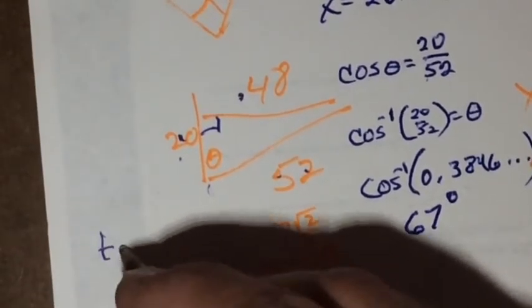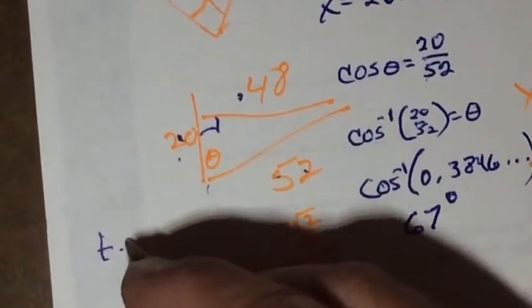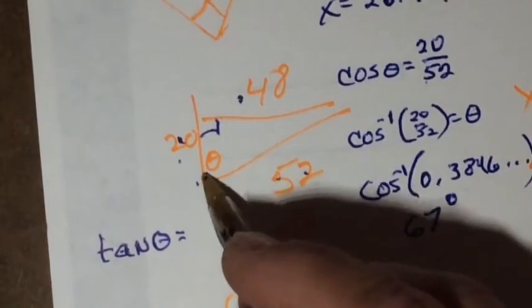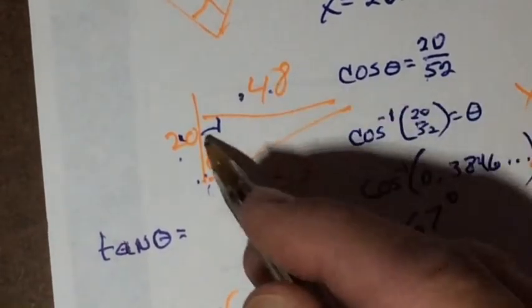Just for fun, let's just double check, because the tangent of theta degrees should equal the opposite over the adjacent.